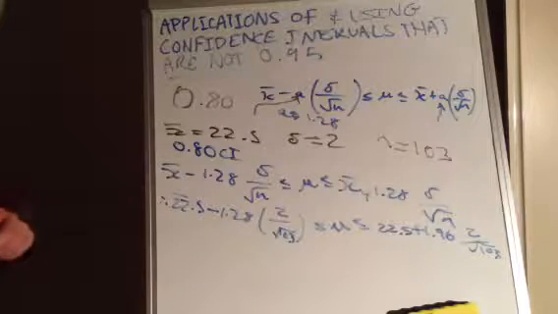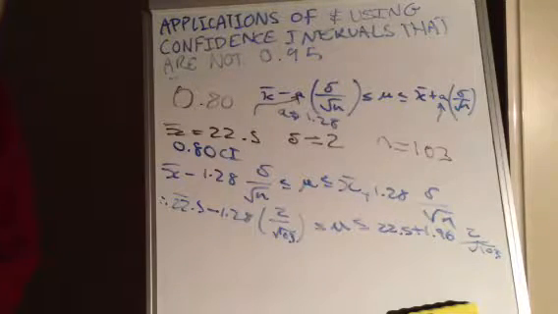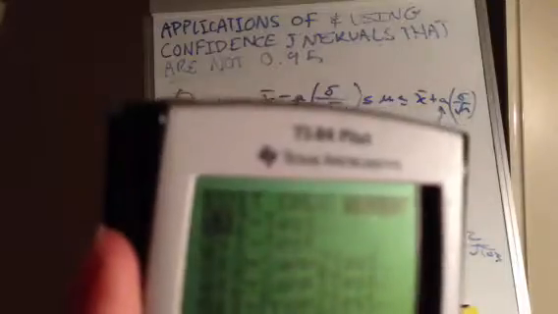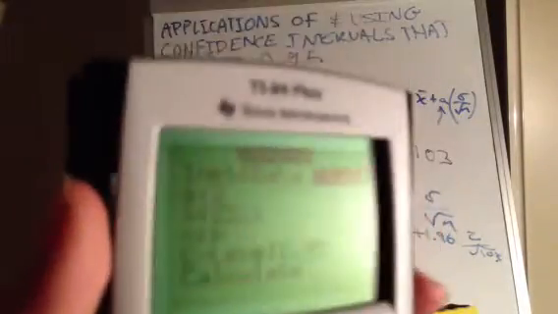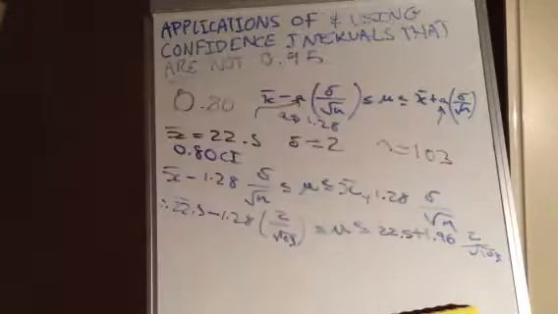And again, I'm not going to show you how to plug that in on your calculator because I've done that in previous videos. I'm just going to go to the TI app on here, use that, again stat, and we go to tests, Z interval. After we've gone to Z interval, I'm going to assume you know how to put it in now.